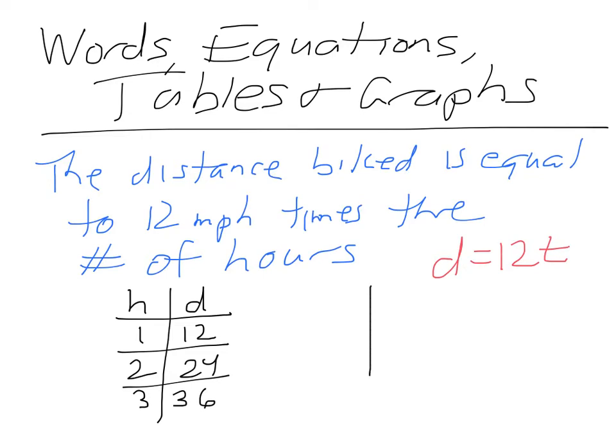And I could do it as a graph. 1, 2, 3, and then here as long as I'm being consistent, I can do my graph as so. So after 1 hour, it's 12, 2, it's 24, 3 is 36, and I could graph it that way where this is hours and this is miles and so on. So those are the 4 ways I could do this.